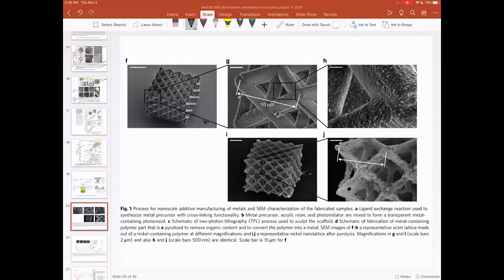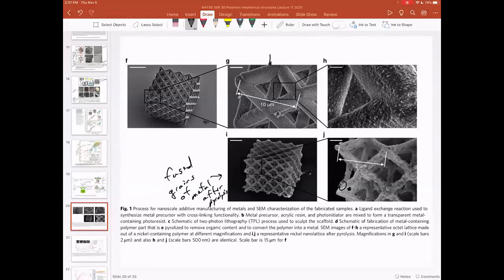And what's interesting is that they show diagrams of the precursor. And so you can see all those little specks in there, that's all the nickel salt. And when you reduce it, basically you have all these fused grains of metal after pyrolysis.